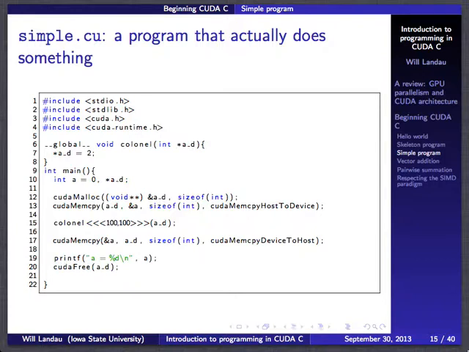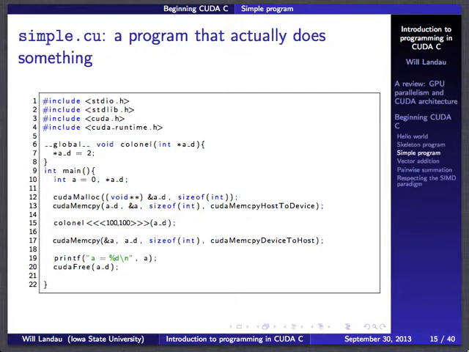In a later, more advanced example, I'll show you a macro that you can write to check errors with cudaMalloc. You just wrap it around here. I'm not going to go over that now, but in your own CUDA C programs, please do that. Same thing for cudaMemcpy. Wrap an error checking function around that. And cudaMemcpy copies some memory on the CPU to memory on the GPU. That's the next step in this program.